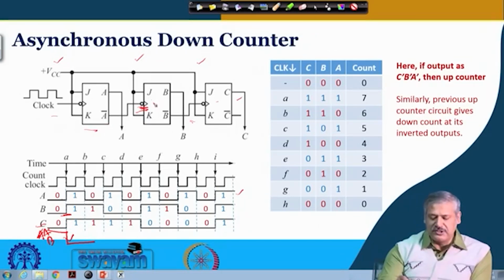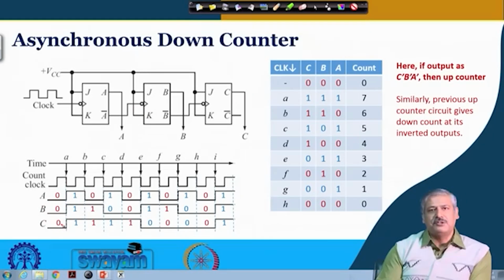Because it is just the opposite: wherever there is a positive edge for A, there is a negative edge for A bar. Similarly for B bar. C bar is not fed anywhere, it would have been for C bar also if there was a flip flop D. So at positive edges of A and B, transitions actually happen in the subsequent flip flops, because A bar and B bar are fed as clock.